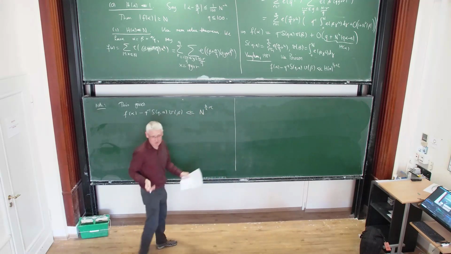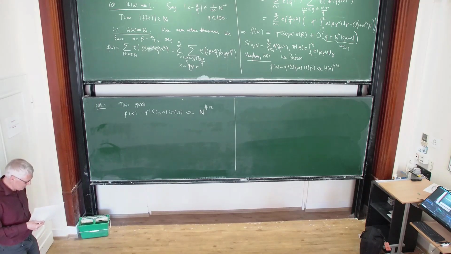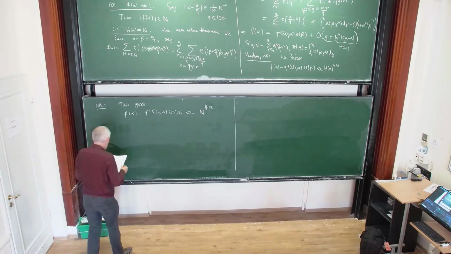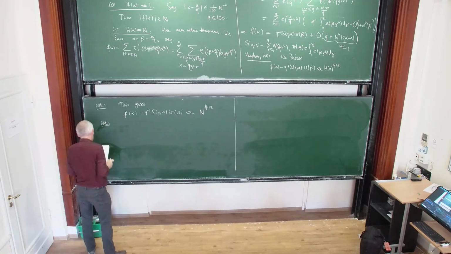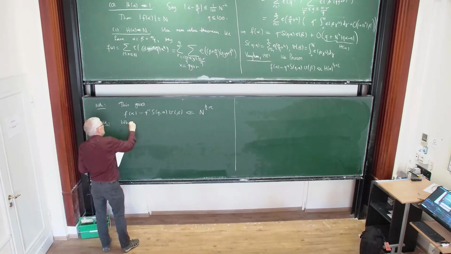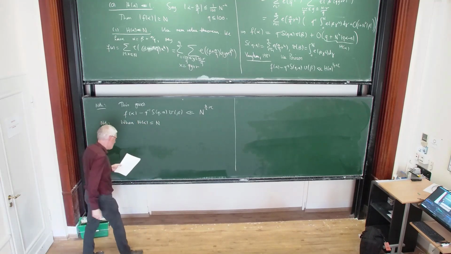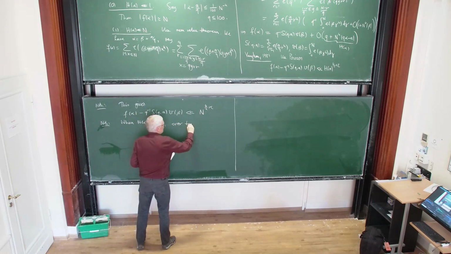And if k is bigger than 4, as I said, this is worse than trivial. So that's bad news in some sense. But what this does show is that at least in the range where h of alpha is almost as big as n, then the error term is good.